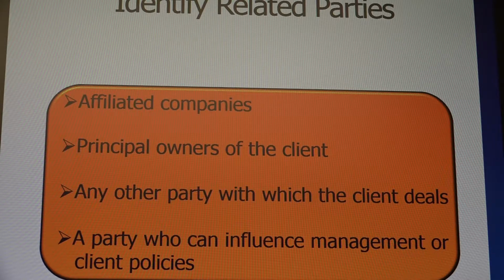And they also need to ask whether or not they've entered into transactions with those affiliated entities as well. I guess that goes without saying, but so identify related parties, identify transactions that have occurred between the related parties.